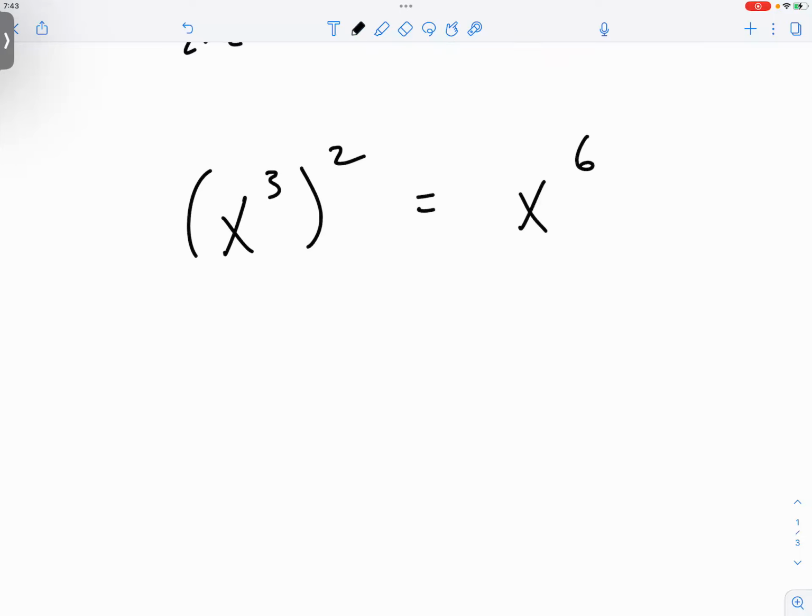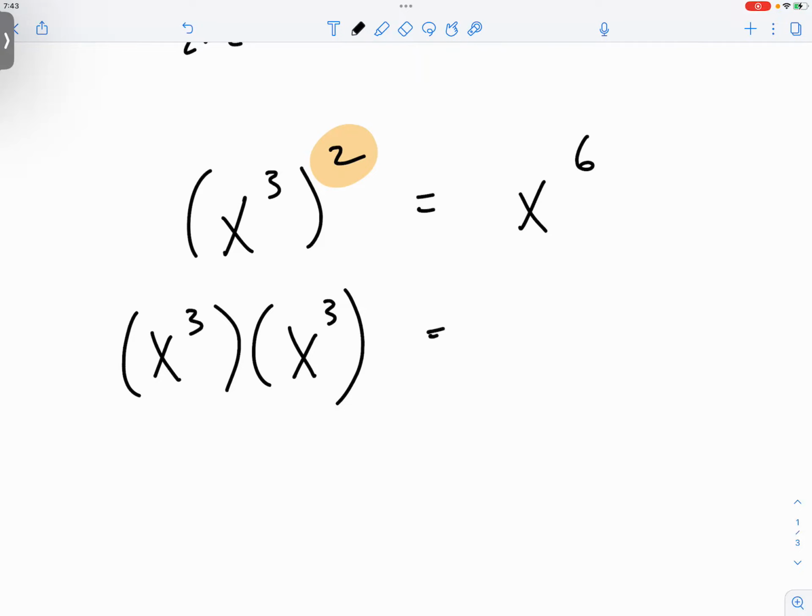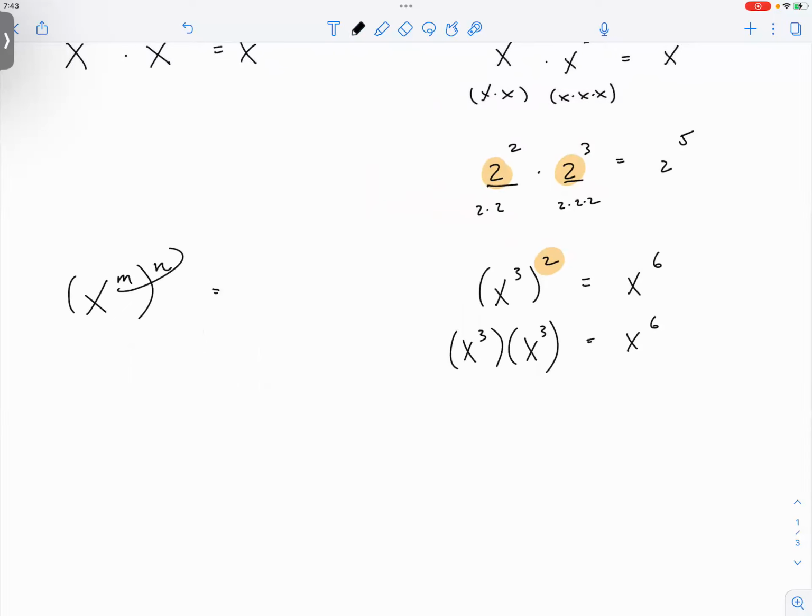And the reason is because when we say square, it means multiplying by itself, right? So that means how many x's are being multiplied together? 6 of them. So that's the meaning. And that allows you to say, oh, that is where you will multiply them together.